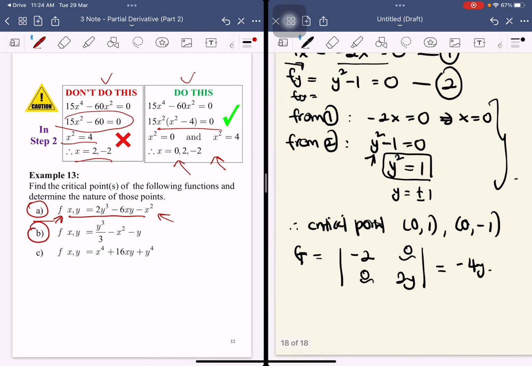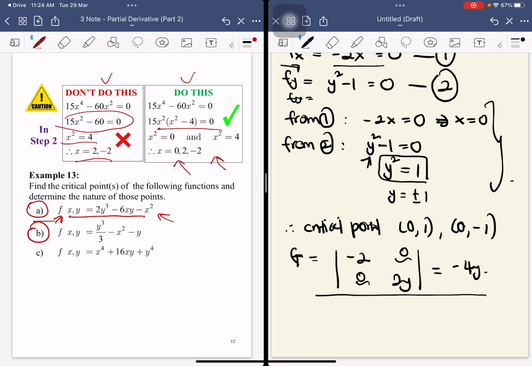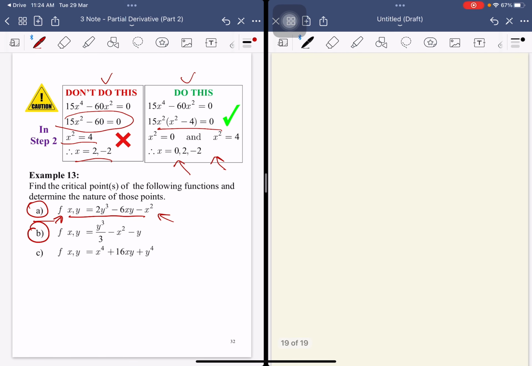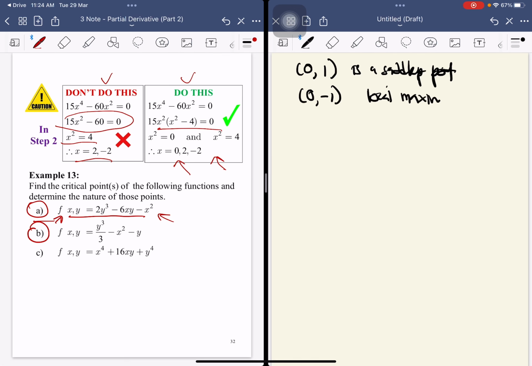I'd like you to continue for this part. Based on this, if you calculate the values of g for each critical point that you figured out, you should know that (0, 1) is a saddle point, and the second point, (0, negative 1), is a local maximum point.